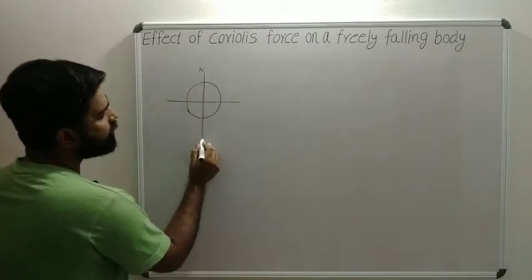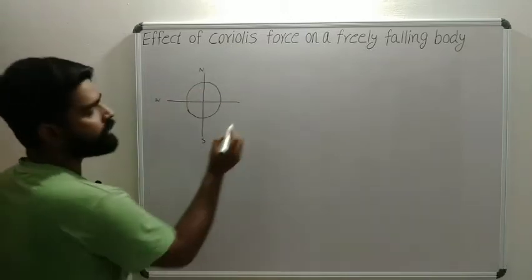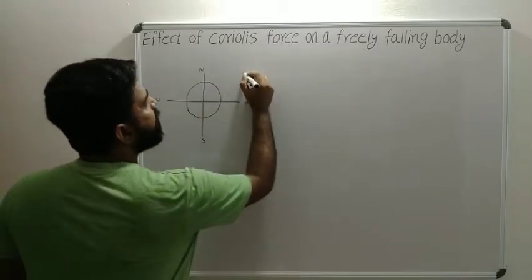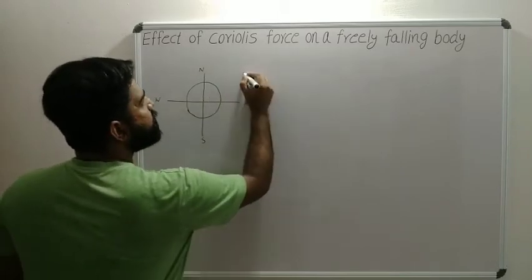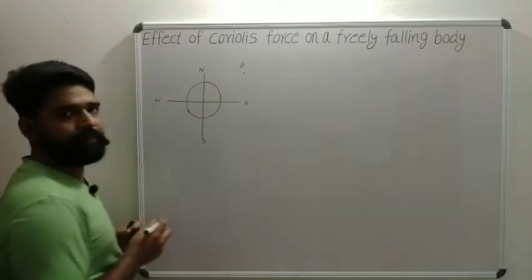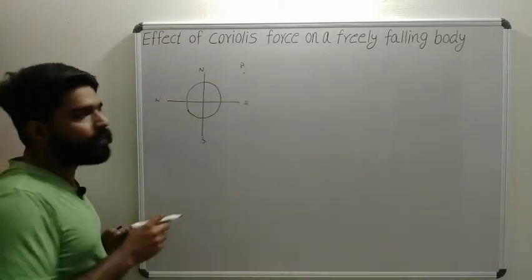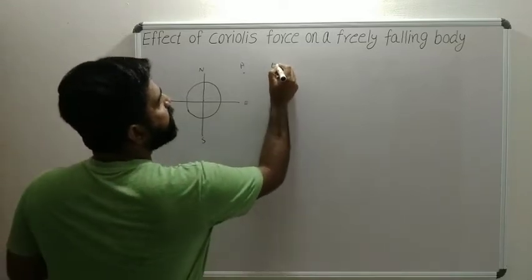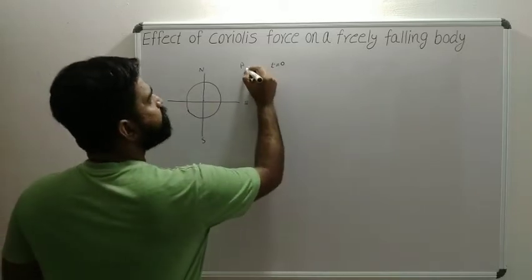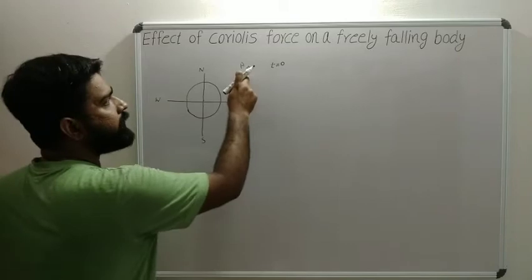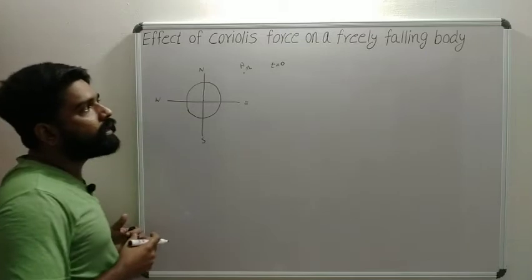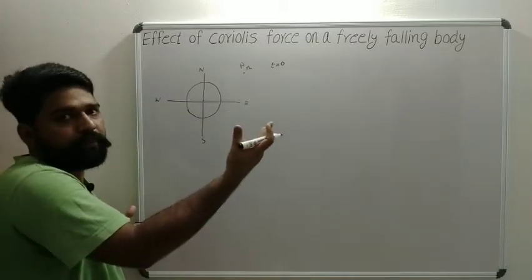North, south, west, east, and this point can be represented by the letter A, and we consider that at time equal to 0 an object with a mass m is placed at this point A, and we will allow this object to free fall.